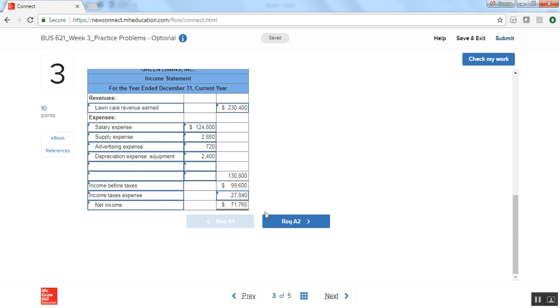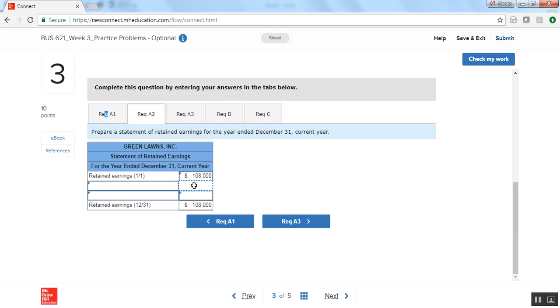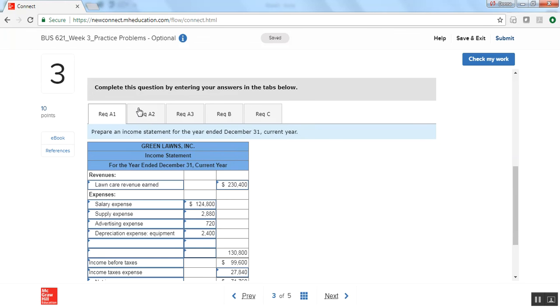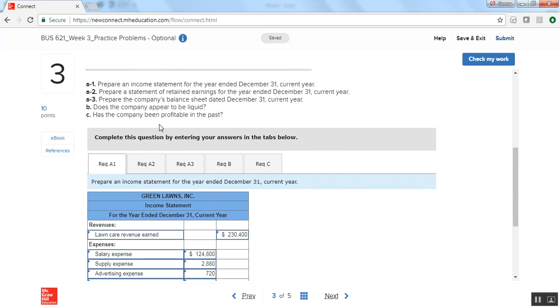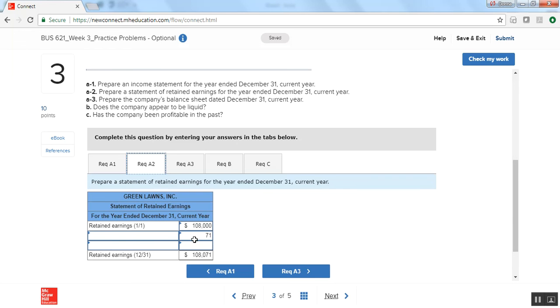So our net balance in our income summary is going to be a debit balance of 71,760. We're going to credit our retained earnings for 71,760, which is our net income. That's an increase to retained earnings for our net income.